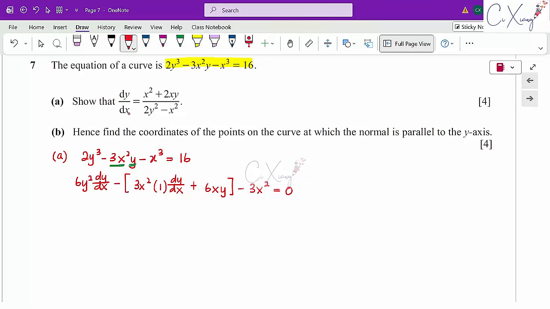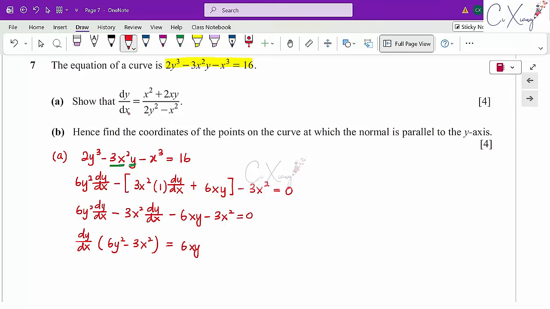So what we need to do now is group the dy dx at one side. Okay, let me expand all the brackets here first. For me, I will factorize out the dy dx. Then I have 6xy plus 3x squared.